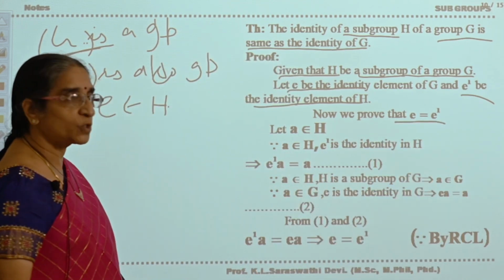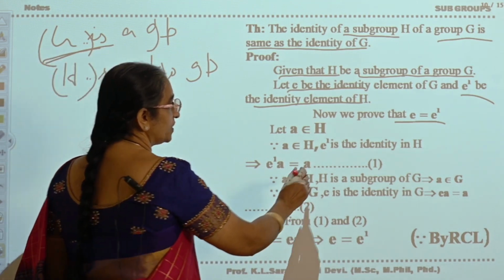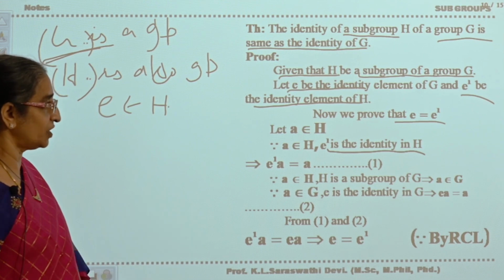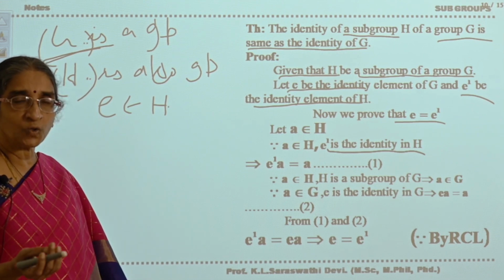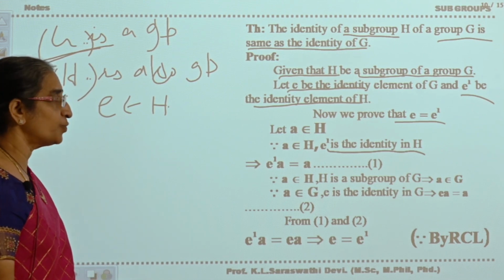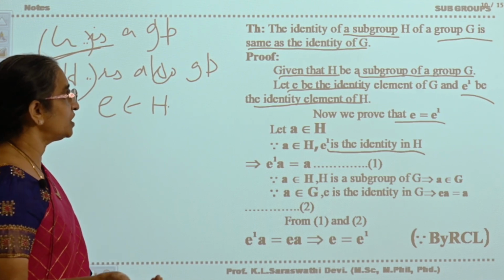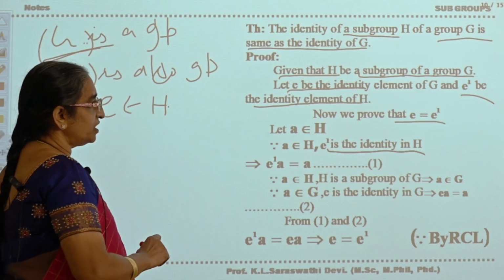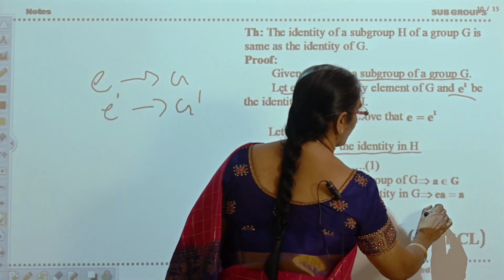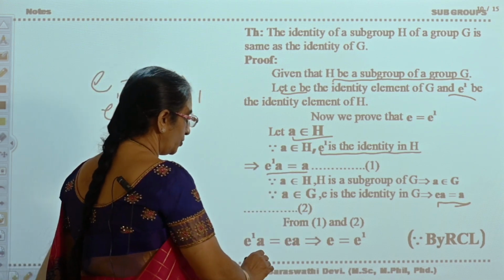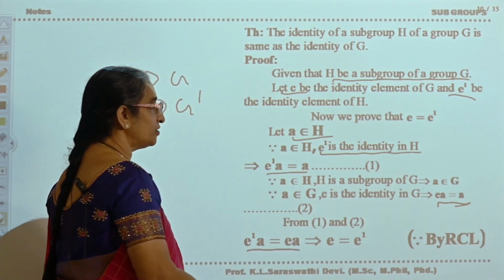Let A belong to H. E' is the identity in H. Therefore, E'A is equal to A. Because A belongs to H, and H is a subgroup of G, A belongs to G. Since A belongs to G, E is the identity of G, so AE is equal to A. Let it be 2. Now, from 1 and 2, you can write E'A is equal to EA.